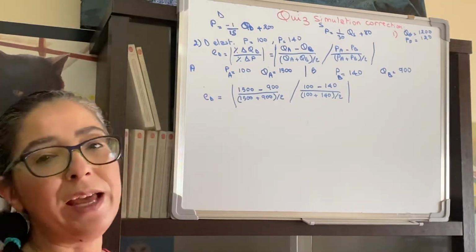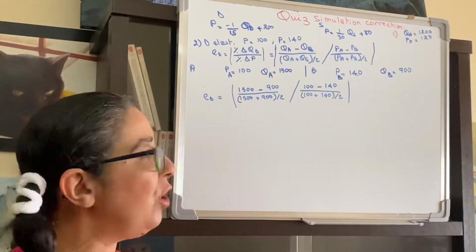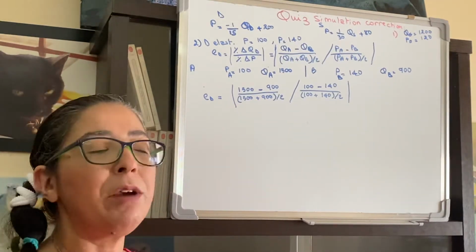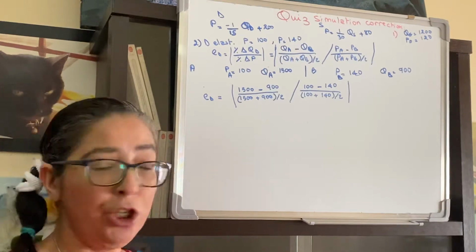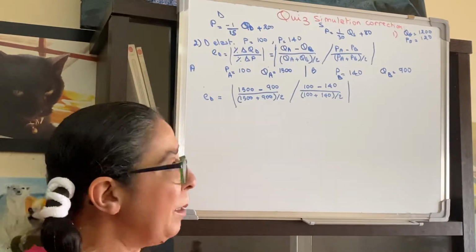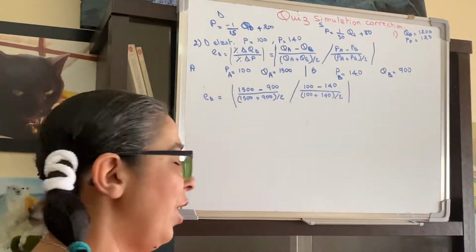Now it's a simple matter of calculation. Calculation is a little bit tricky, so I'm going to show you the way I do it. You're not forced to do it the same way, but it makes my calculation easier on me.